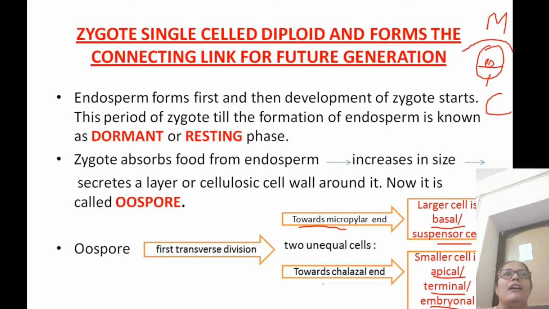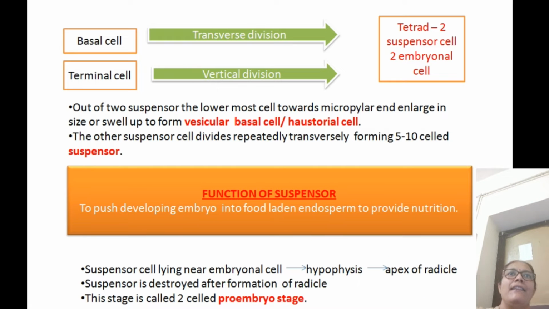Right? Now this basal cell or suspensor cell undergoes transverse division and forms two suspensor cells. Similarly, the terminal cell undergoes vertical division, or you can say longitudinal division, and results in two embryonal cells. Right?